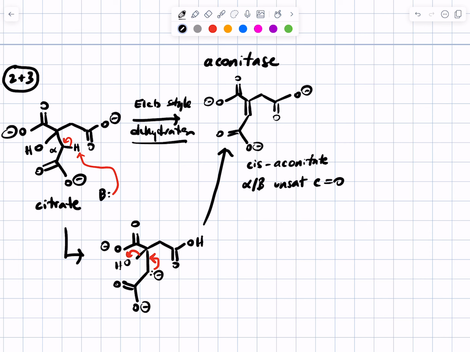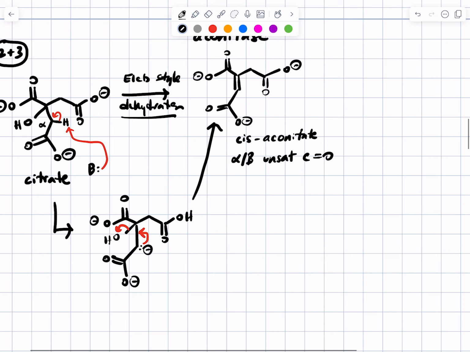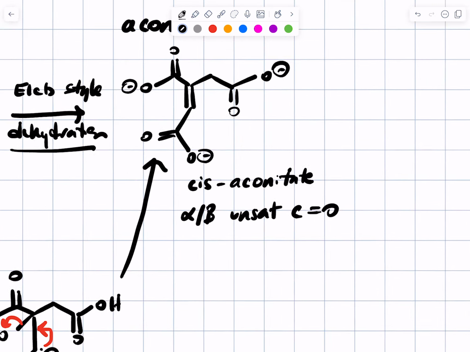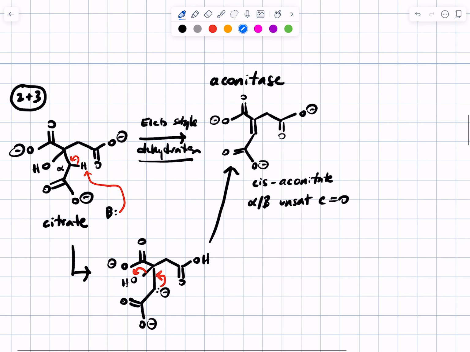One of the beautiful things about cis aconitate is it's alpha beta unsaturated in multiple directions. So let me illustrate that. If we let this be the blue carbonyl carbon, that's the blue alpha carbon, and that's the blue beta carbon. In pink, let's let this be the carbonyl carbon. This is the pink alpha carbon, and this is the pink beta carbon.